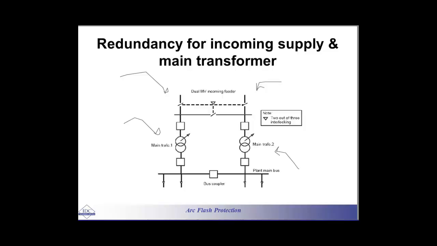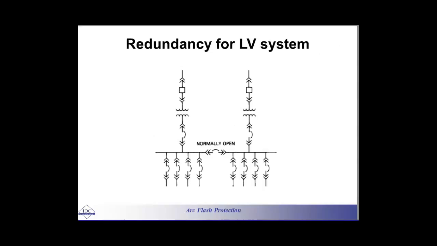For example, transformer number 1 can be supplied from this, or from this, or transformer number 2 can be supplied from incomer 1 or incomer 2, or both, or whatever, right? So you have got a lot of options to apply in here, but of course it is more expensive, right? You can have even redundancy for the LV systems.